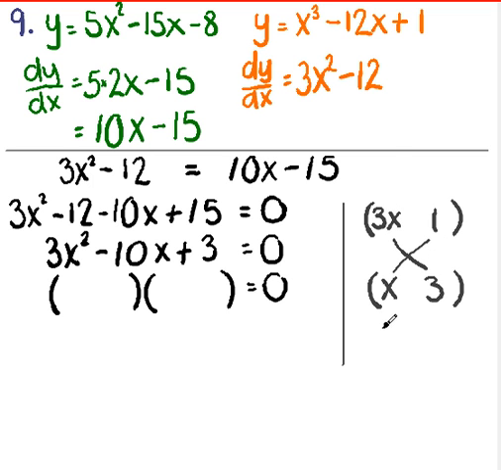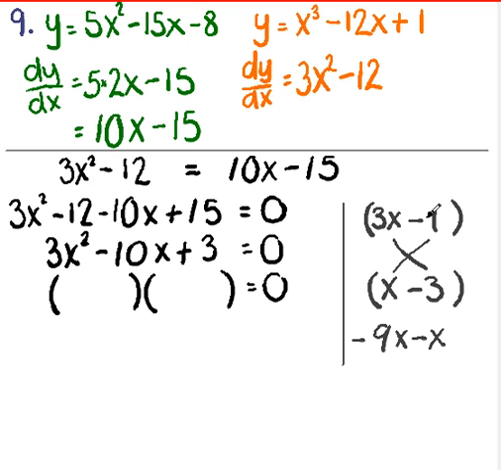So putting the 3 in there and the 1 in here and doing our little cross working. So 3x times 3 gives us 9x, and x times 1 gives us x. Now what we're trying to achieve now is minus 10x in the middle. So we get that if we have minus 9x and minus x, and that means we need a minus sign in here and one in here.